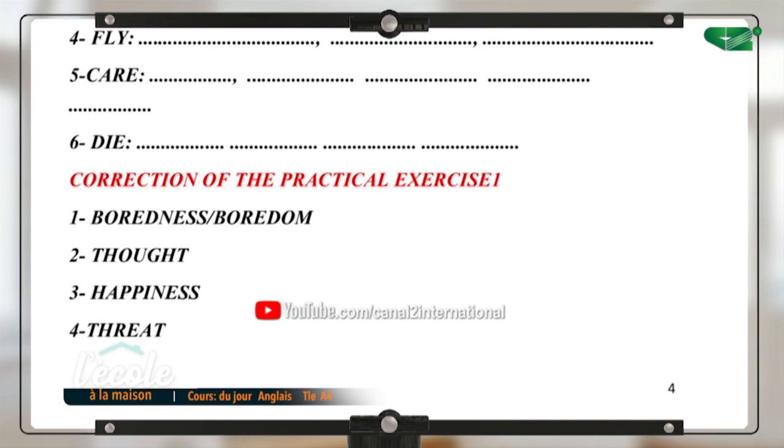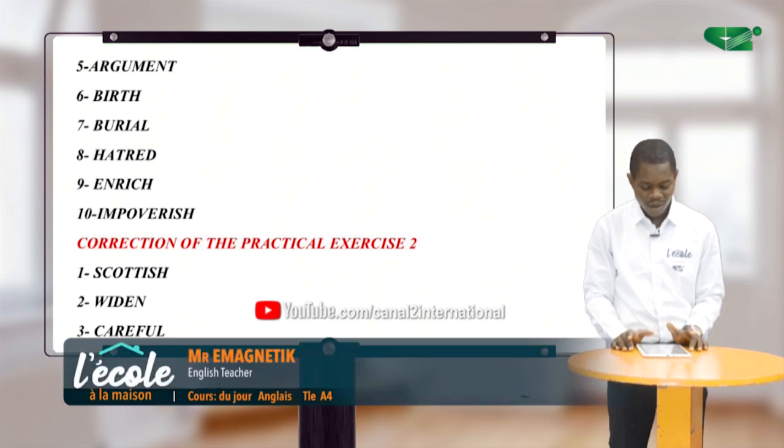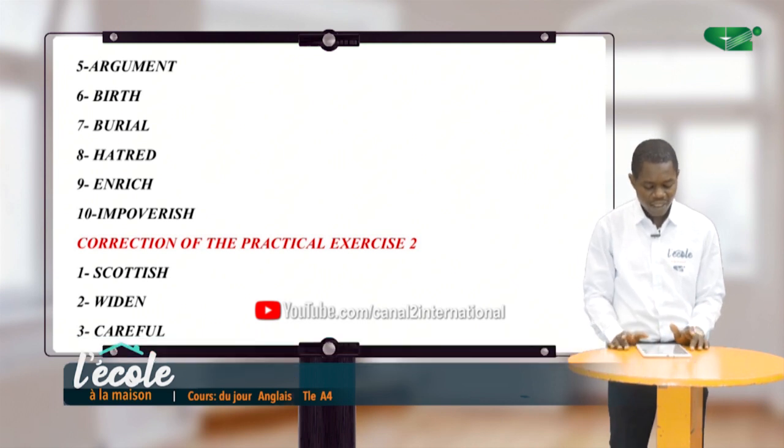Number 5. And dash inside the brackets. Argue over the issue divided the meeting. Argue changes into argument. Argument over the issue divided the meeting. Number 6.